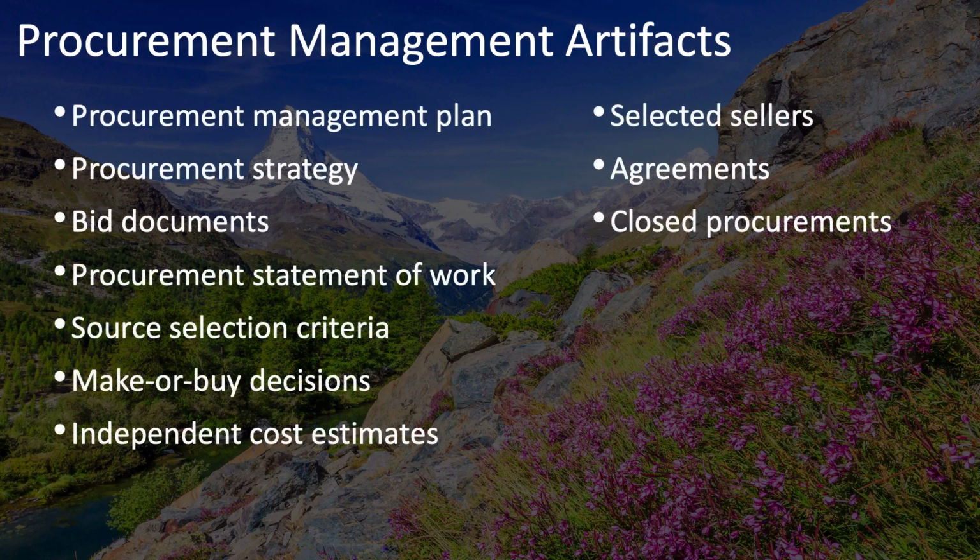First, we have the procurement management plan, the procurement strategy, your various bid documents, such as requests for proposal, your procurement statement of work defining specifically what your vendor needs to do, your source selection criteria for how you're going to choose a vendor, make or buy decisions as to whether you're going to try and do this in-house or outsource this work. Independent cost estimates can also be important to this process.